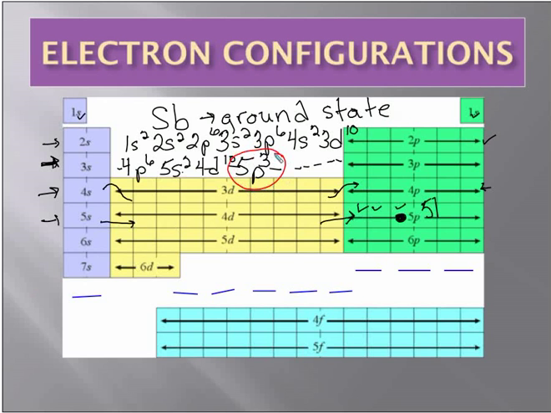Or you can simply focus on, as long as it's a ground state, that last little address there. So it's 5p, so I know I'm somewhere in the p block. n in the p block is equal to the period number. So now I've identified it to being in this row. And since it's 3, that means I went in 3 spots. So I could identify that as being antimony.